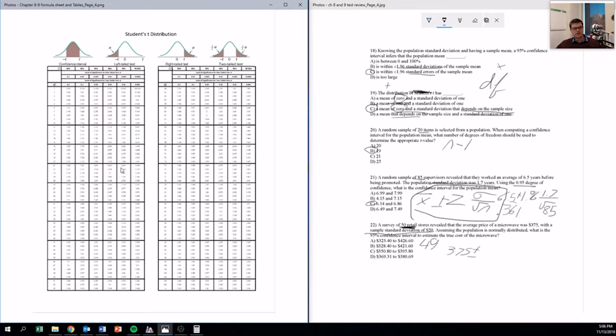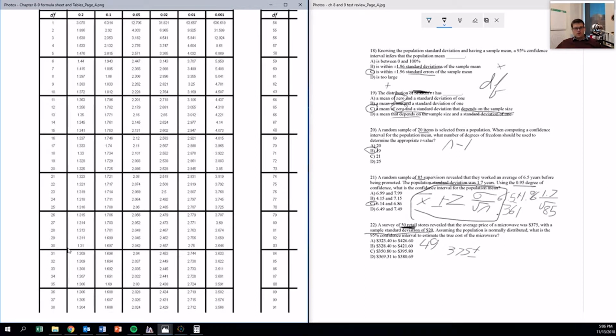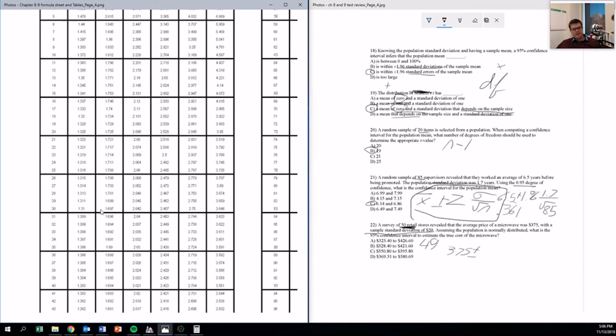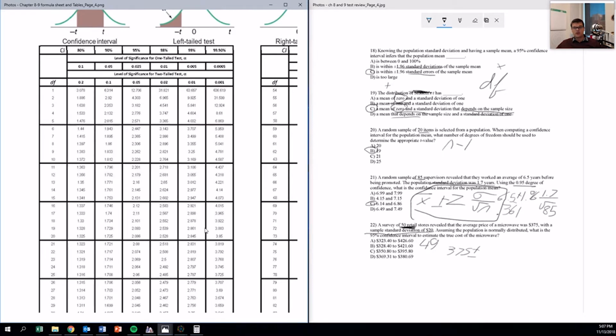And we come over here. Which one of these numbers should we use? 49. We're going to want to do a 95% confidence interval. So we find this is the column for the 95% confidence interval, right here. So it's 2.01.